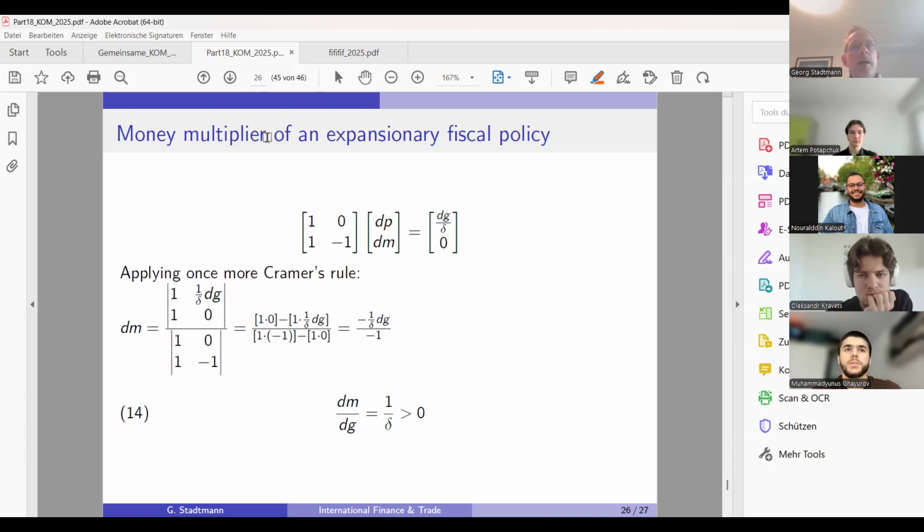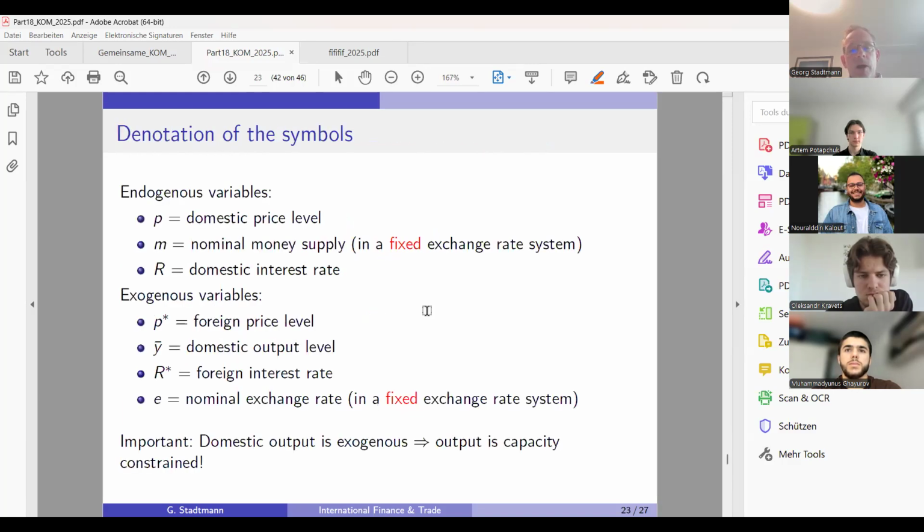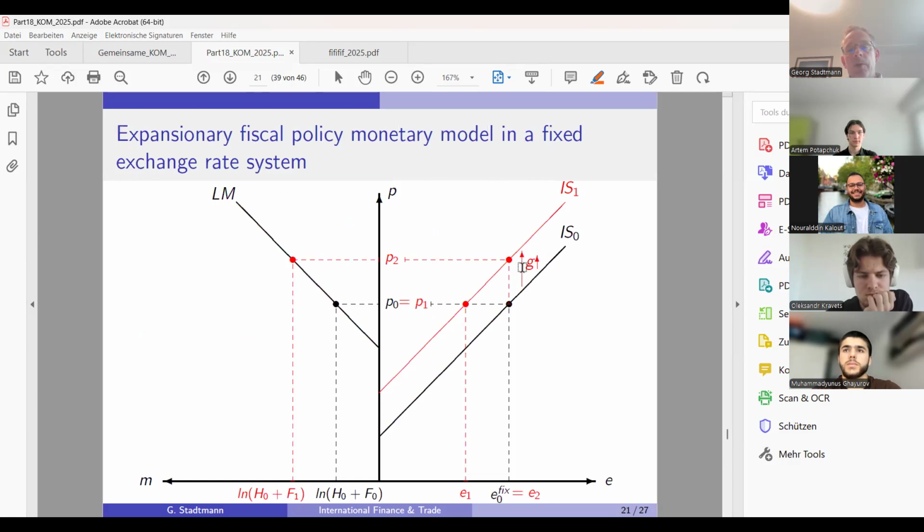In the next step, I would like to compute the money multiplier. We have money supply here, and what can we expect? Let's have a look at the graph. When the government is increasing government spending, money supply increases. So there is a positive relationship between government spending and money supply.